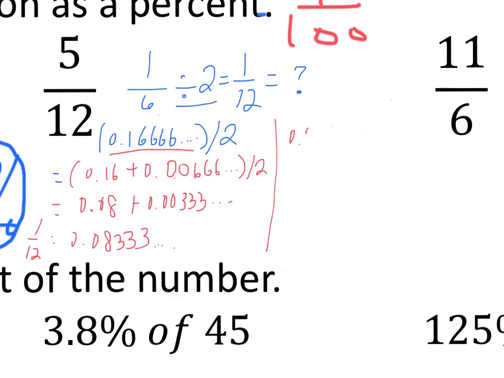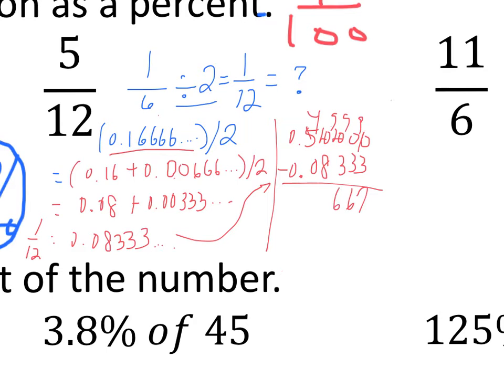We take 0.5 and add a couple zeros at the end, and we can subtract 0.08333 repeating. We'll just add another 0. Okay, and then when we carry over, we get 76614, and then we can deduce here that this is 6 repeating.